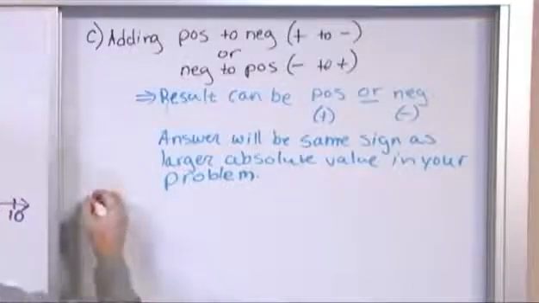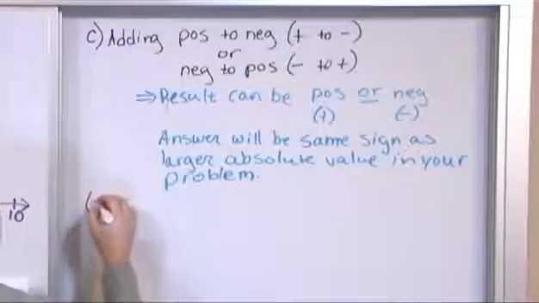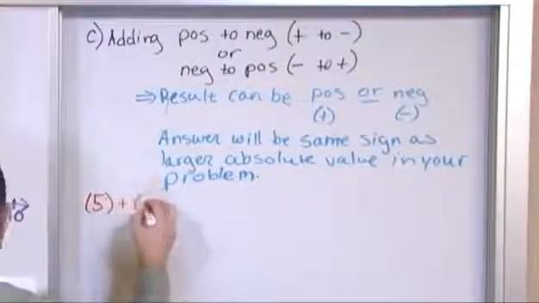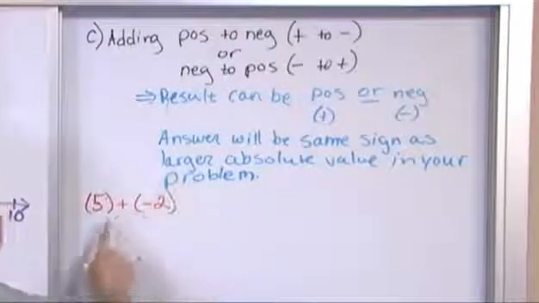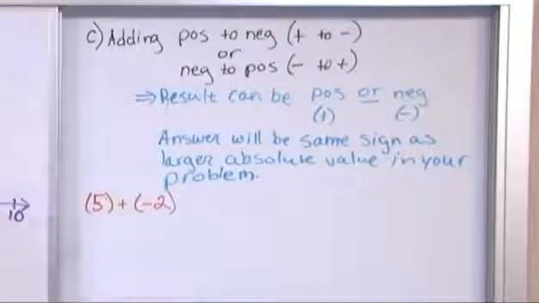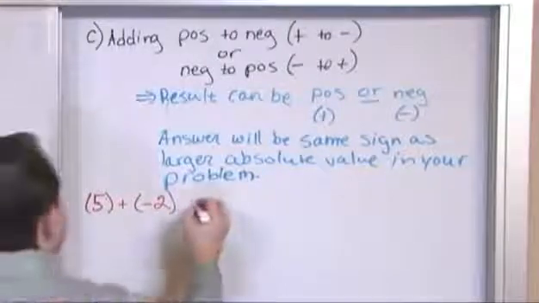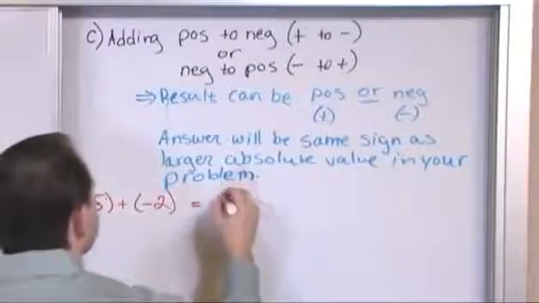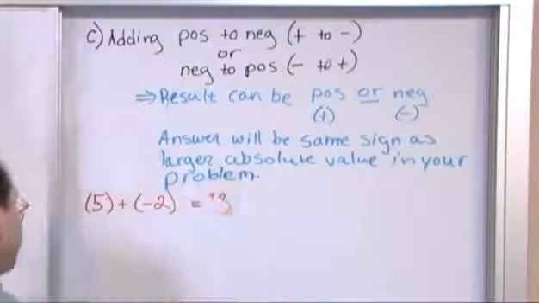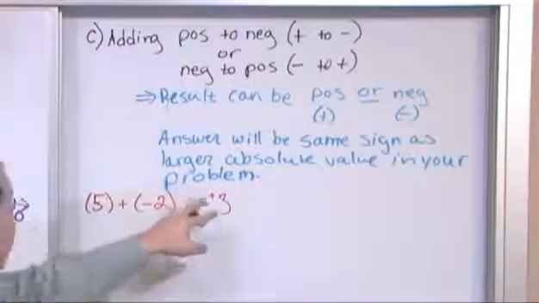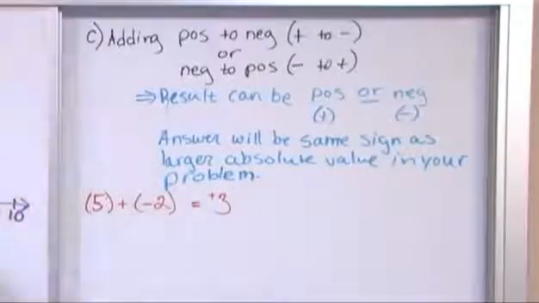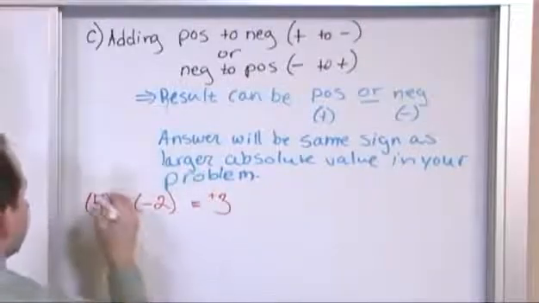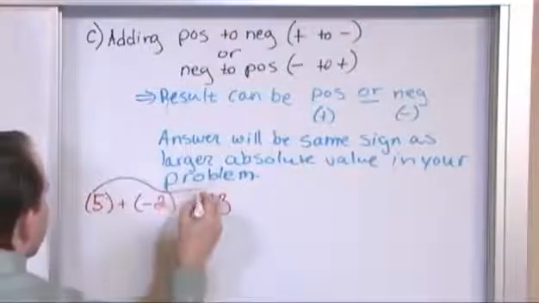So let's say we had positive 5 plus negative 2. See, we have a positive plus a negative right there. Now the answer is going to be positive 3. Let me explain first that the sign of the answer has exactly the same sign as the number with the larger absolute value.